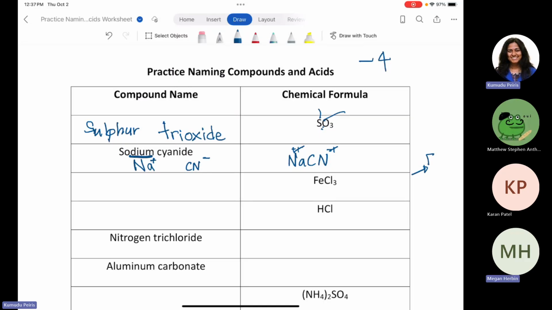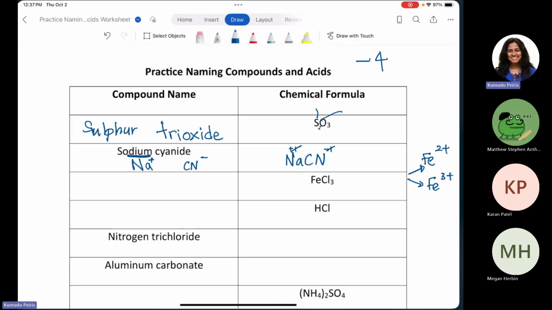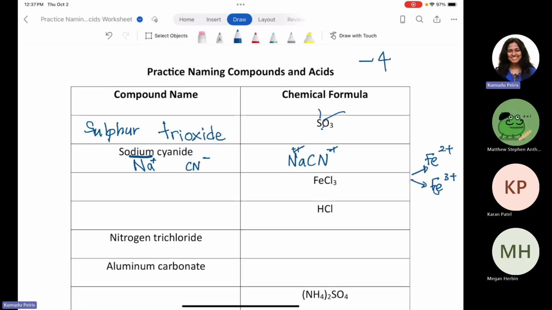Iron can make Fe 2+ ions or Fe 3+ ions. So in this example, we should clearly mention the oxidation number of the ion.